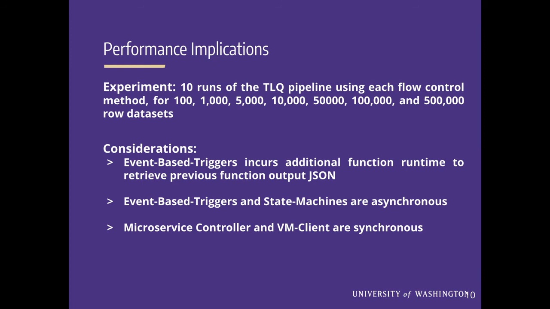In considering the overall performance, we performed an experiment where we examined the runtime for a variety of different data sets. Considerations in overall performance: the event-based triggers method required additional worker function runtime because that method of flow control does not provide payload passing, so we had to do additional downloads to get the payload.